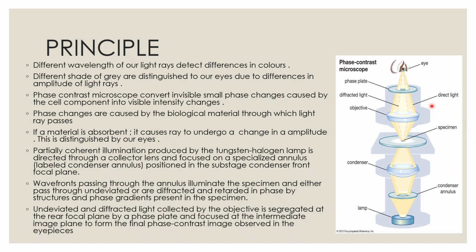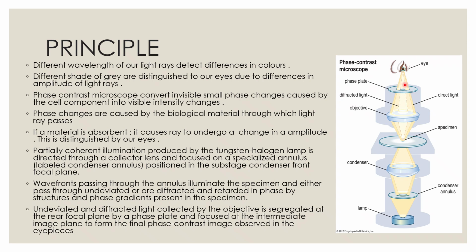When both these lights pass through the special objective, that is, we have a special component in the objective called the phase plate, since they pass at different times, they create a phase shift and can be observed easily by using this phase plate.